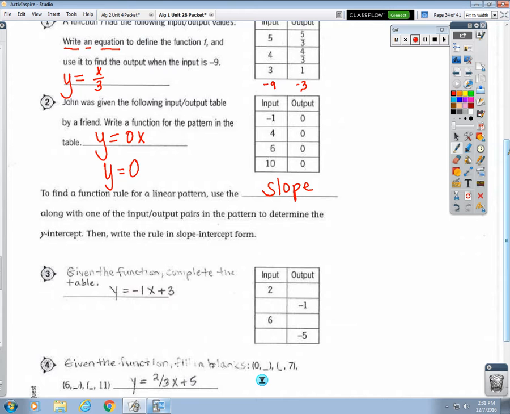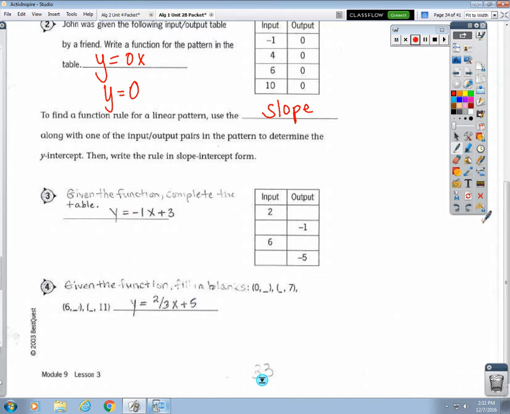Okay, luckily for y'all, for the rest of this worksheet, they've already given you the function. You have to use the function to complete the table. Okay, which is easier in my opinion. Okay, so remember what I said, input values are also known as x values. And output values are also known as y values.